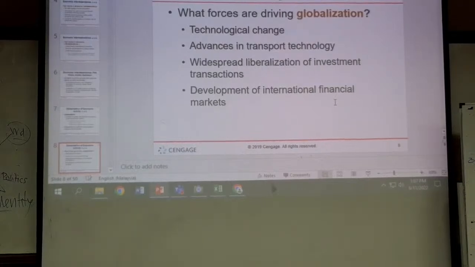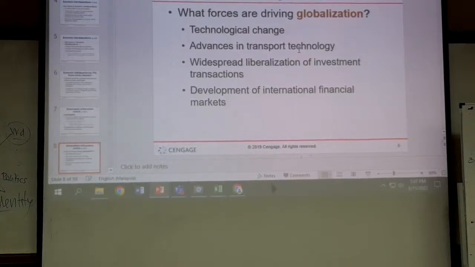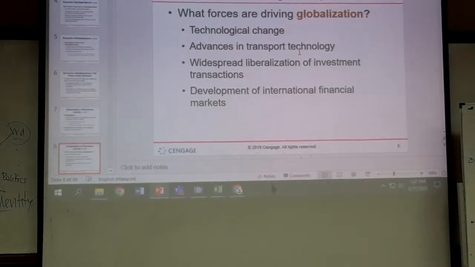So, I'm explaining advances in transport technology, the one that people take for granted. People think airplane and technology, ships, but container is very important.